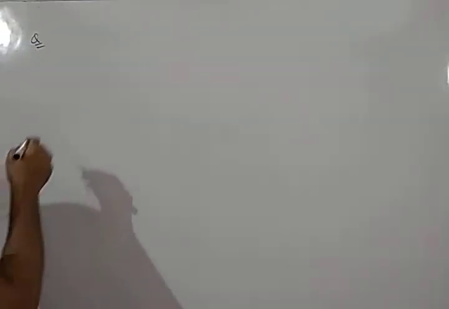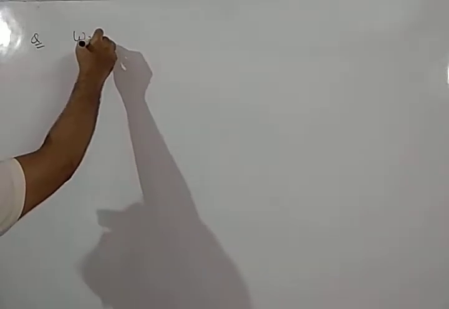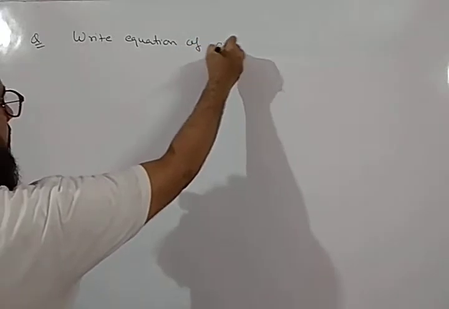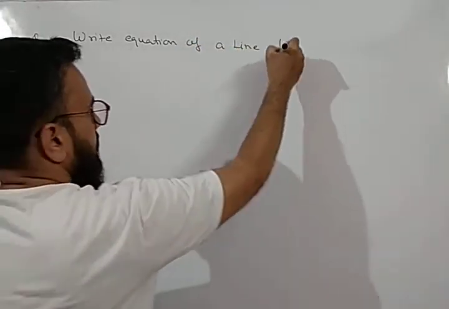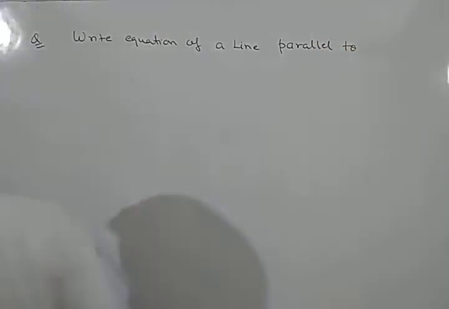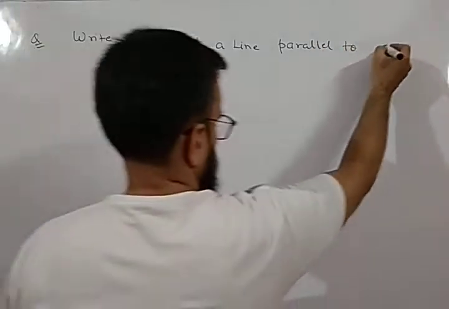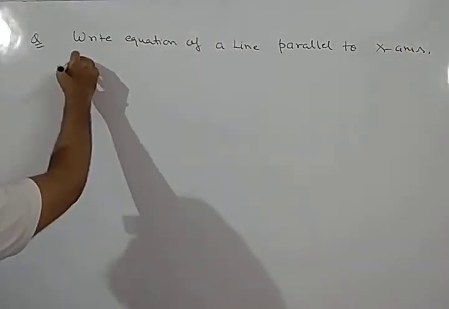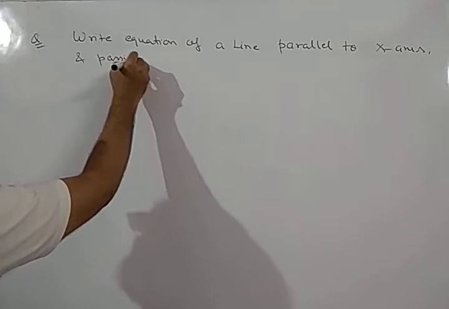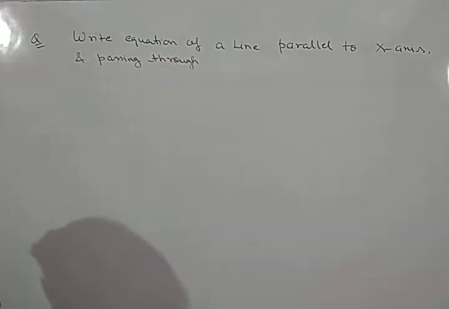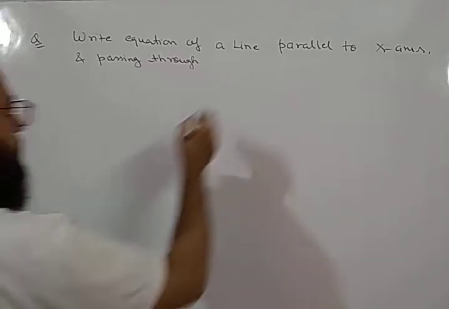We are given: write the equation of a line parallel to x-axis and passing through the point.